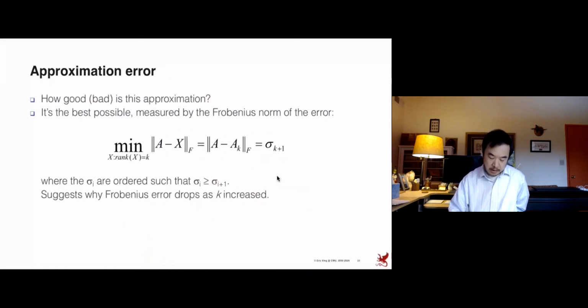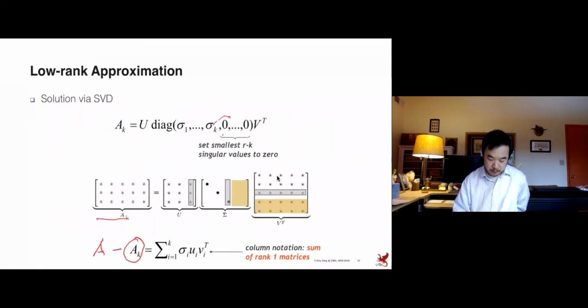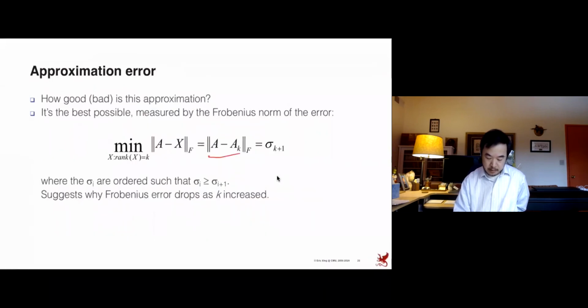And it turns out that the distance between these two can be measured by what is known as the Frobenius norm, which is basically the Euclidean distance between two matrices. You can view all the numbers in the matrix as coordinates and then calculate the distance between the two matrices.